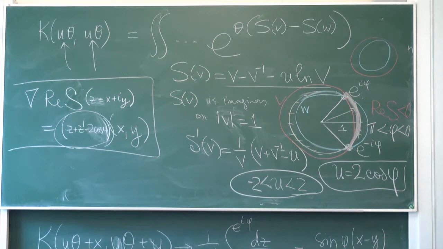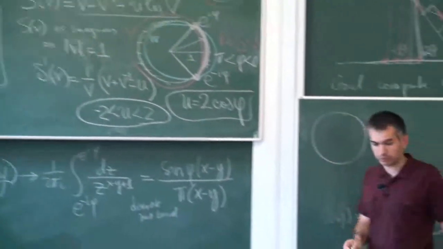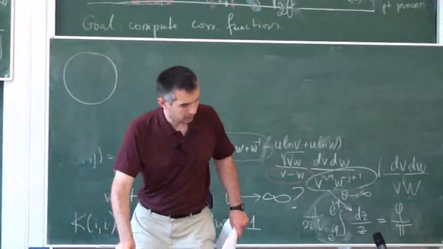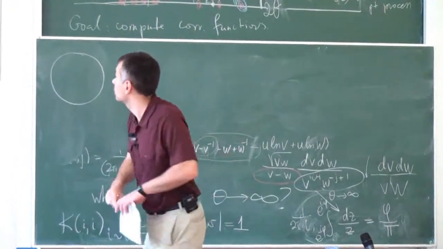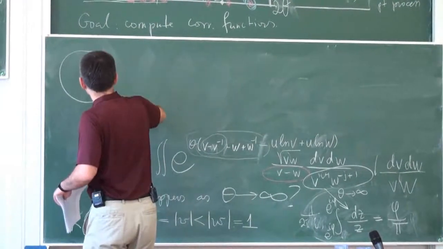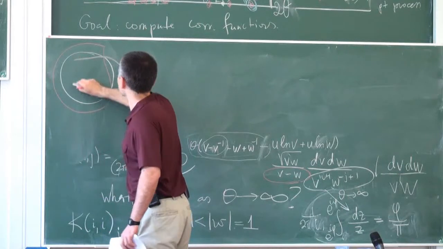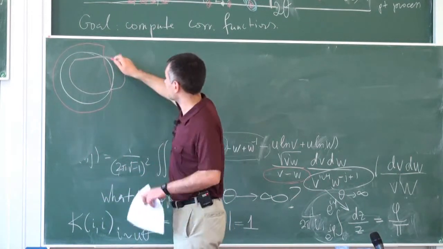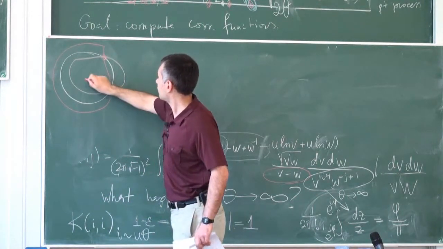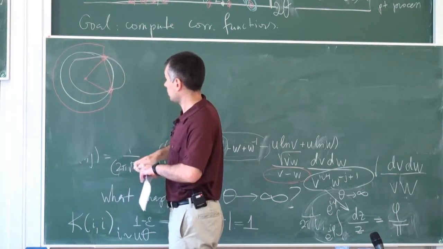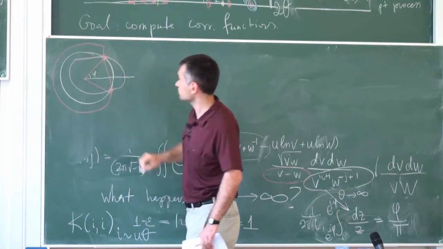So what happens to contours near the edge? Right? So this is my unit circle. I have two contours. I have this one and this one. And the points where they cross have argument plus and minus phi.